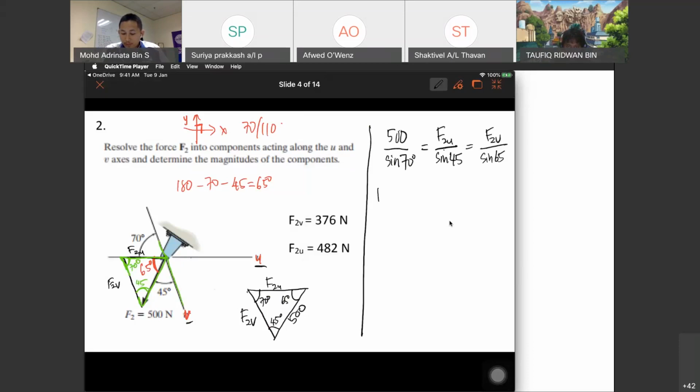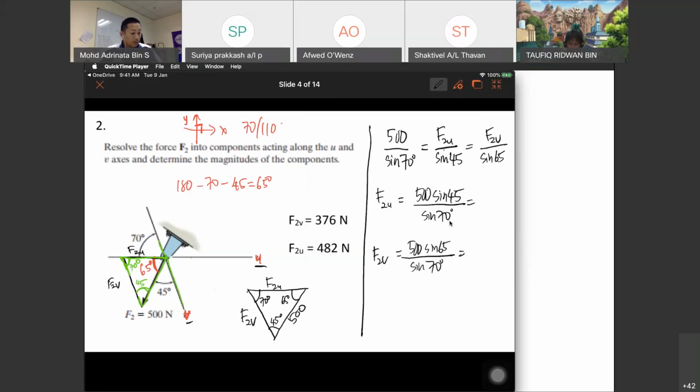So F2U is equals to 500 sine 45 divided by sine 70. F2V equals to 500 sine 65 divided by sine 70.